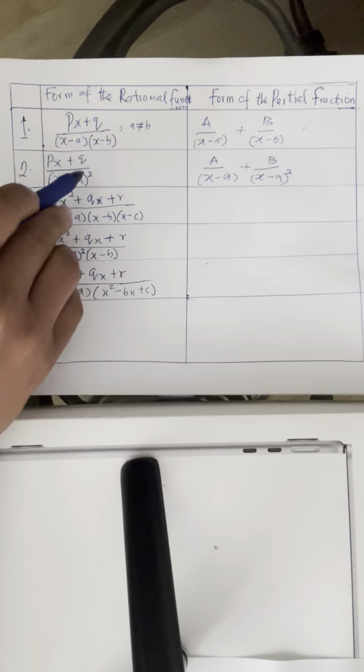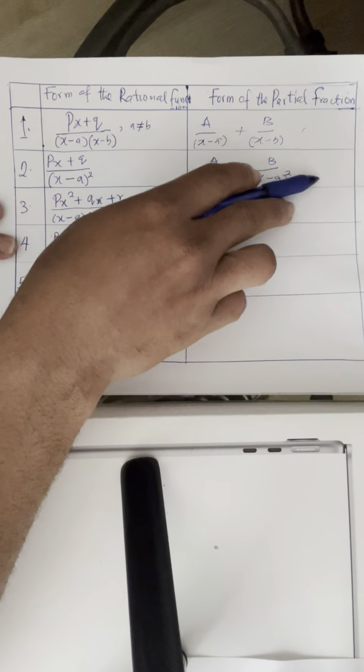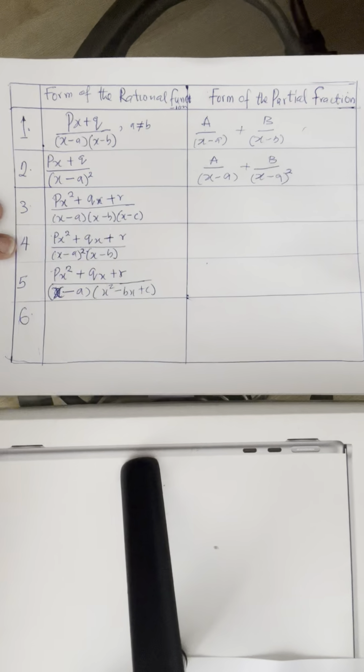So if this were n, you keep increasing the denominator. The next one will be c over x minus a raised to power 3, and you keep increasing it in that order up to x minus a raised to power n.